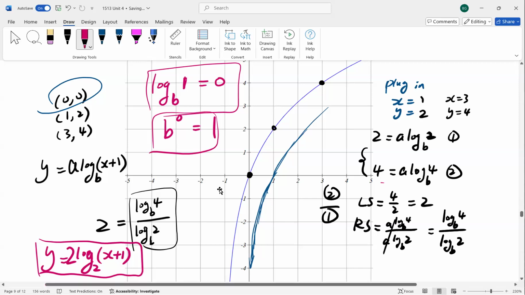So I actually did a trial and error here. Because I want the y value to be 2 when x is 1. When x is 1, the argument is 2. So I want to make the base and the argument the same. Then the log equals 1. Then the coefficient has to be 2 to make that happen.